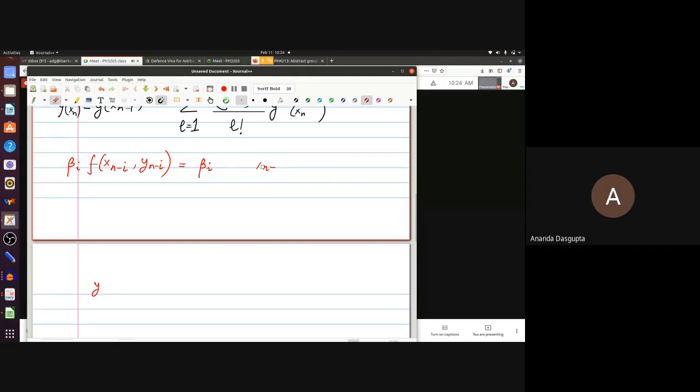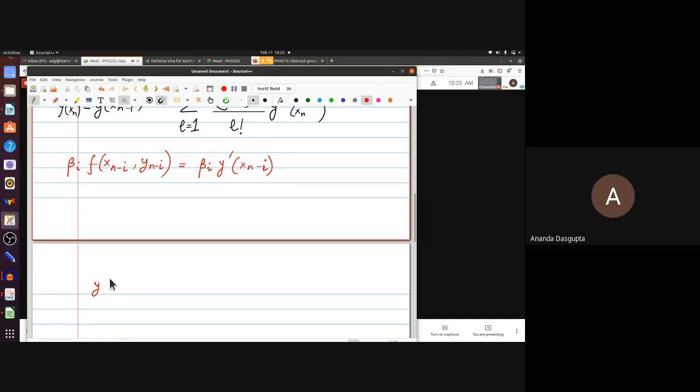It's not the derivative of y at xn minus 1, it's the derivative of the function y at xn minus i. That's what f(xn minus i, yn minus i) is. When x is xn minus i, y has a derivative, and that derivative is given by this function f. Okay, so this is what you really want.